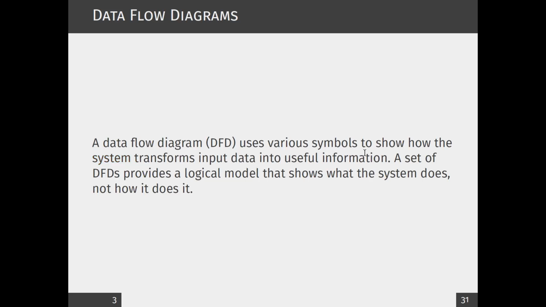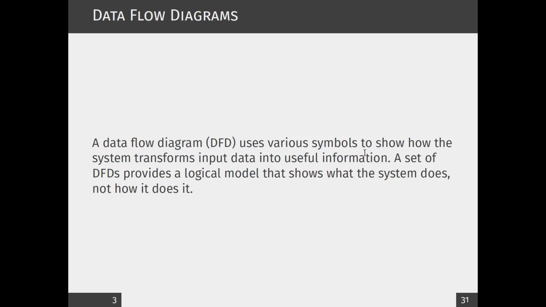Now, let's start with the data flow diagrams. In a data flow diagram, we illustrate graphically the data flows within the system. Mainly we will focus on what data items are used in the information system.